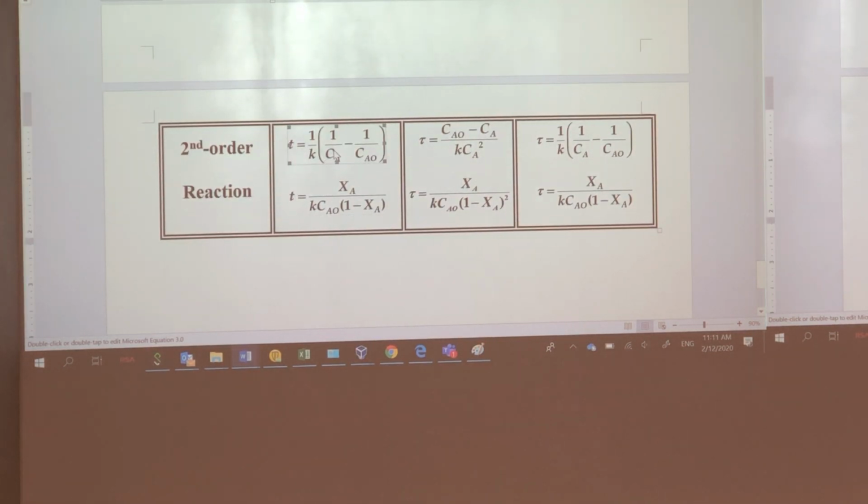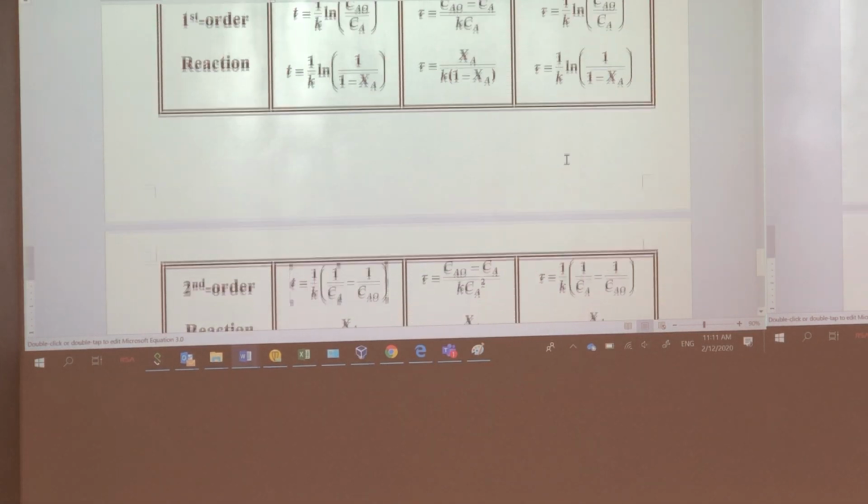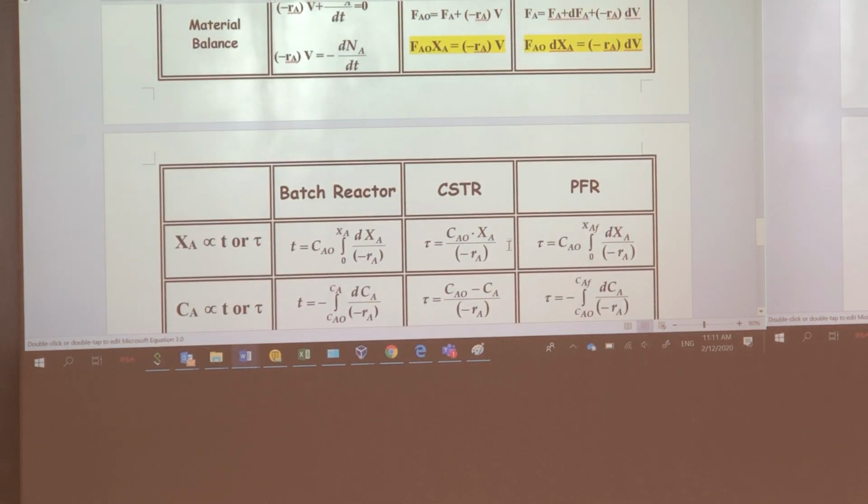This part you still need to know for the batch reactor, because this is the same as what we derived in topic 3. So you follow that and it will do. Okay? And then for here, please take note, just now I said you come over here already, right?